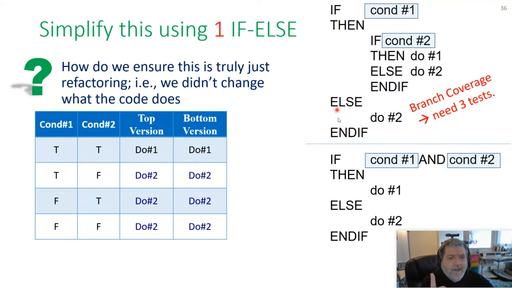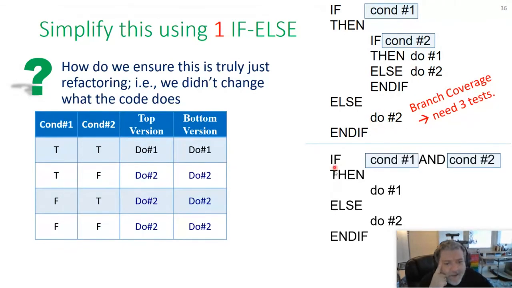That's one. Then if this condition is true, there are two possible branches that can trigger. That's two, that's three. So I know that I can achieve code coverage for this little snippet by just having three tests: one test that triggers this, one that triggers this, and one that triggers this one right here.